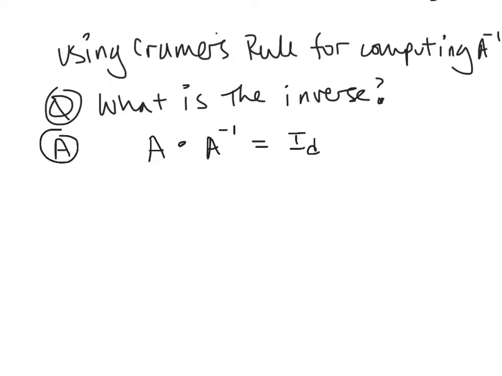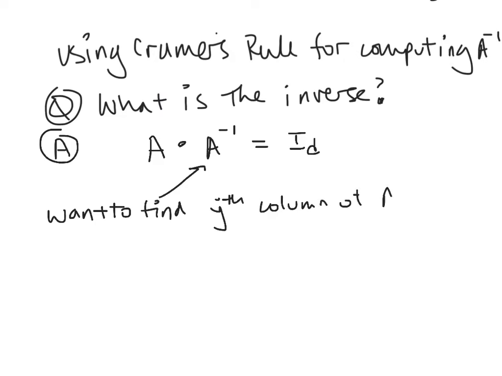So I want to find the jth column of A inverse. And let's call that x. What do we observe about A times x?